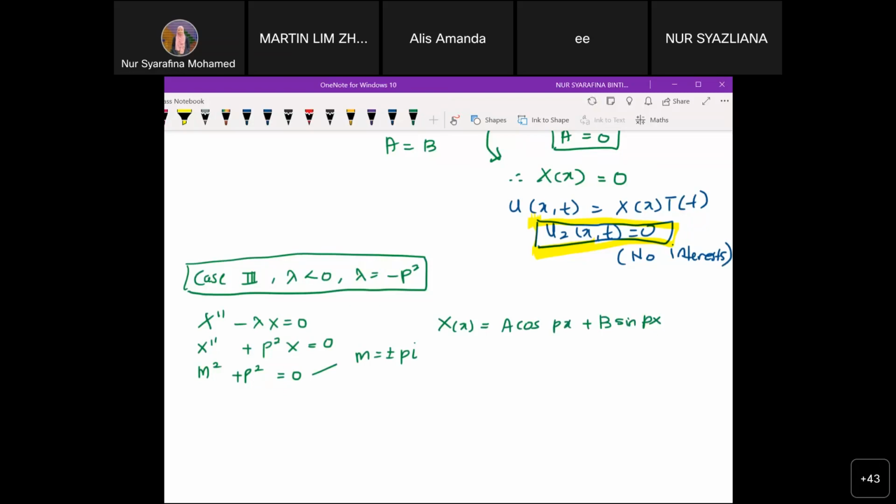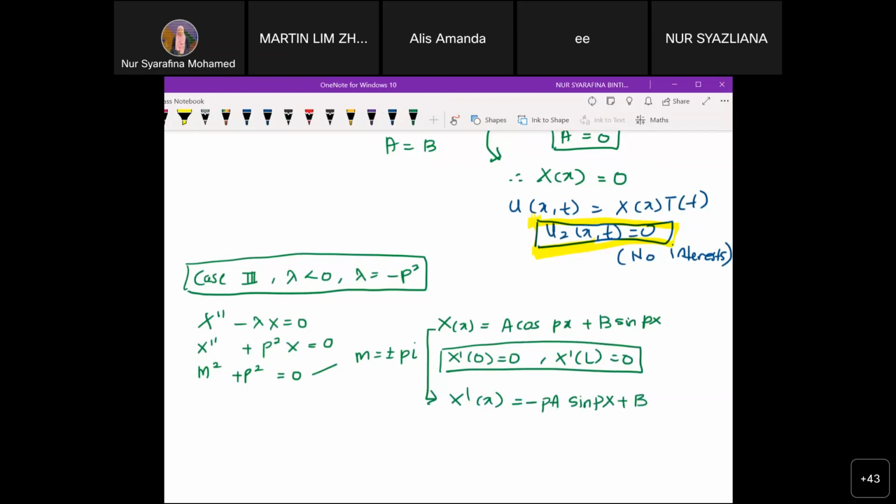And remember, our condition is x prime 0 equals 0, x prime L equals 0. So from this, you should have your x prime x. What is your x prime x here? Should be negative pA sine px plus pB cos px. Just differentiate x with respect to x once to get x prime.